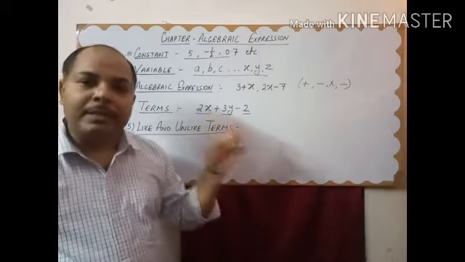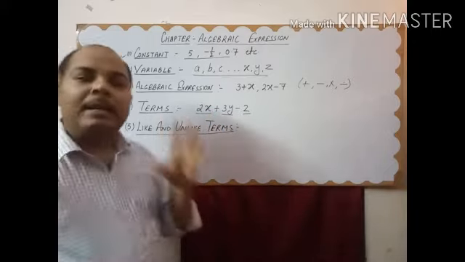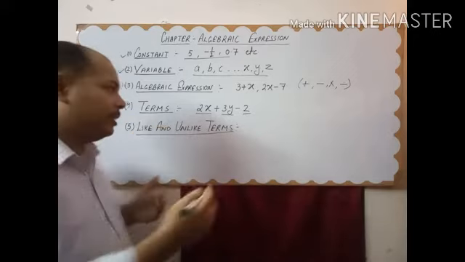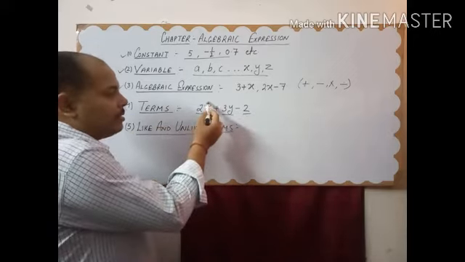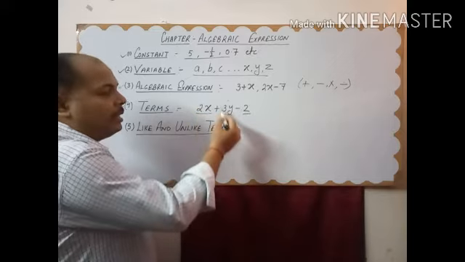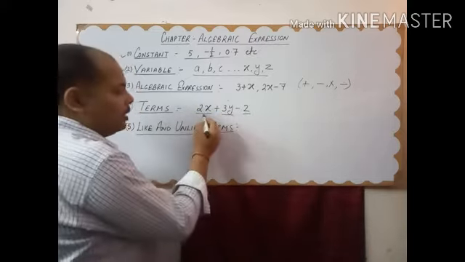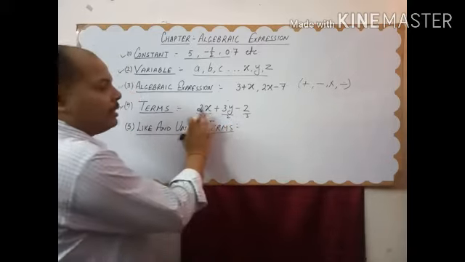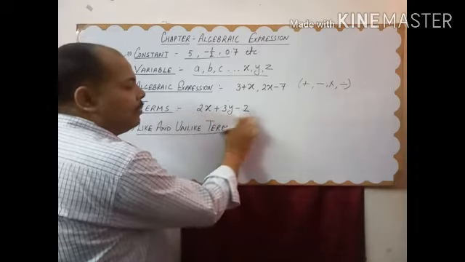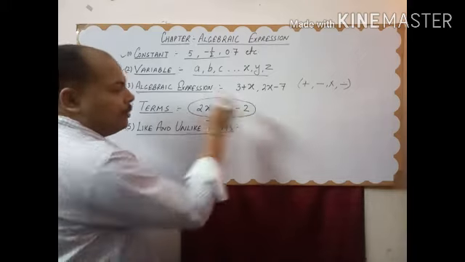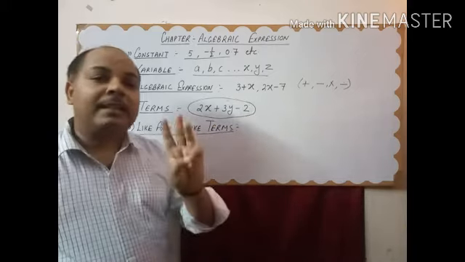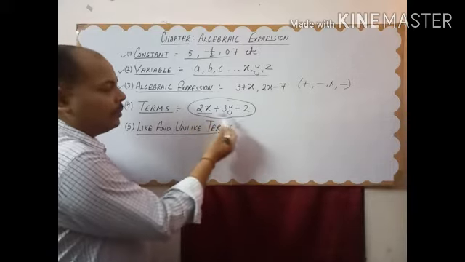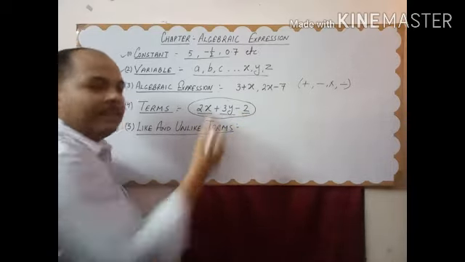These parts are called terms. This is the first term, this is second, and this is third. So you can say that in this algebraic expression there are 3 terms.